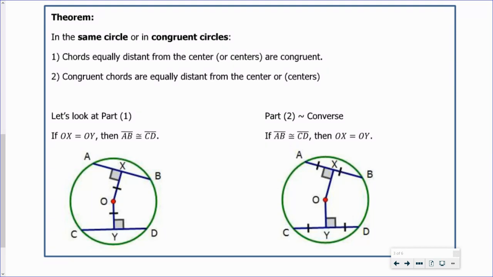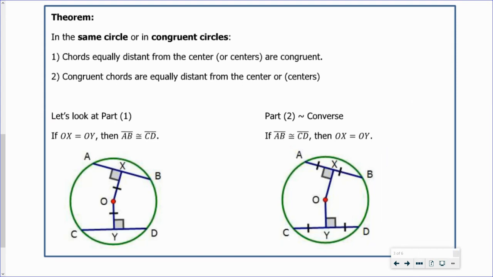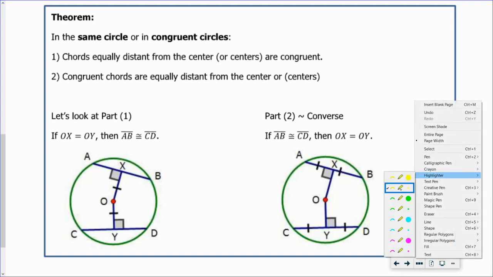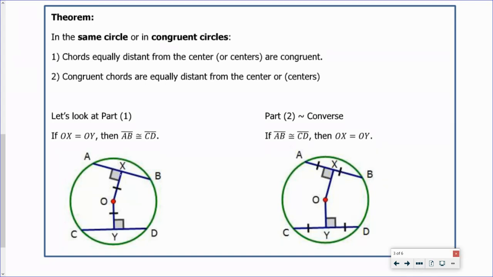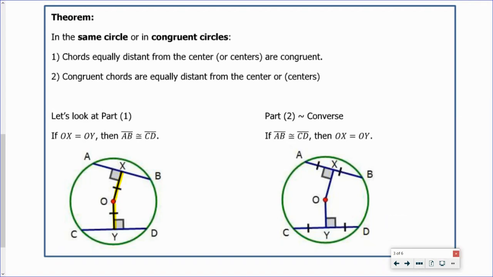So let's take a look at part one. Again, if we take a look here, we're given that, let me grab the highlighter actually, OX and OY are both equidistant from the center. And what that means is that segment AB has to be congruent to segment CD.